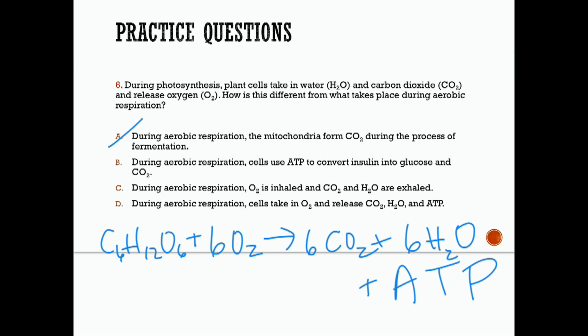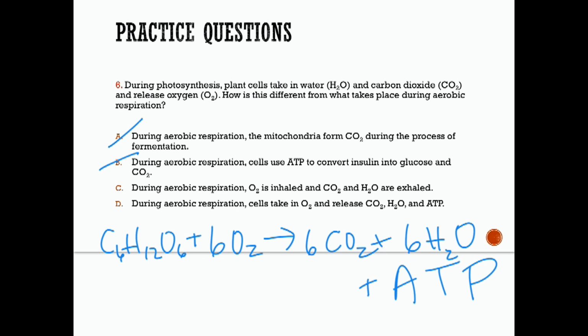B, during aerobic respiration, cells use ATP, but wait a minute, it's producing ATP to convert insulin into glucose and carbon dioxide. All right, that's all messed up with our equation. So that does not make sense. And if we look at C, during aerobic respiration, oxygen is inhaled and carbon dioxide and water are exhaled.